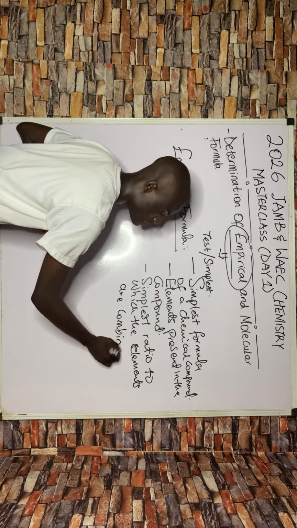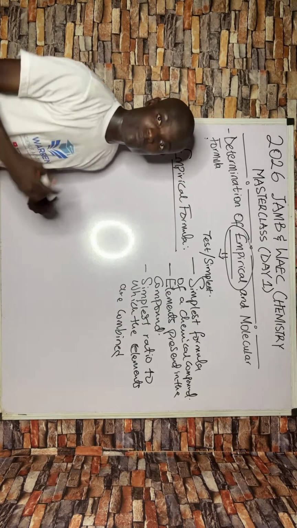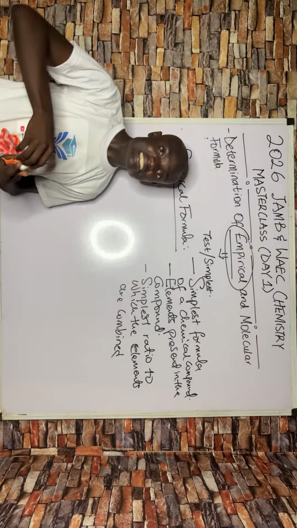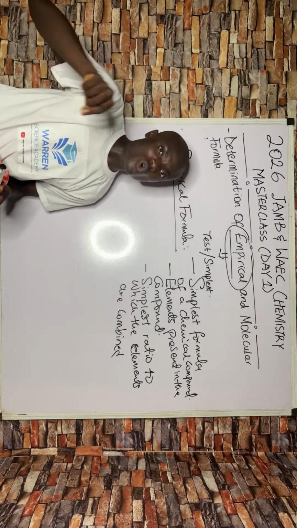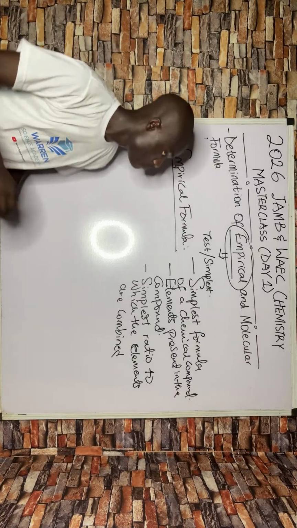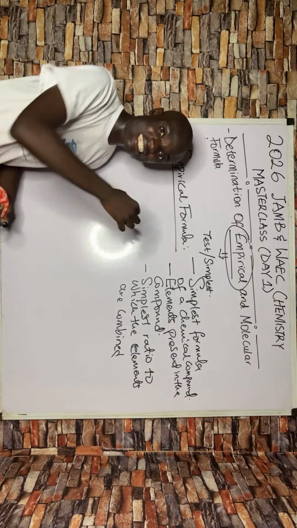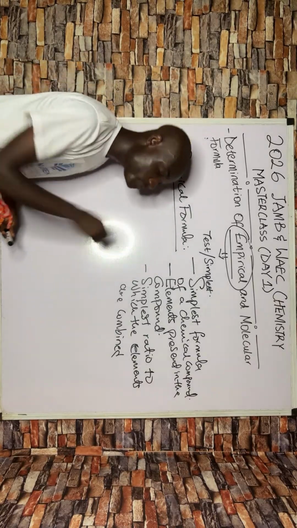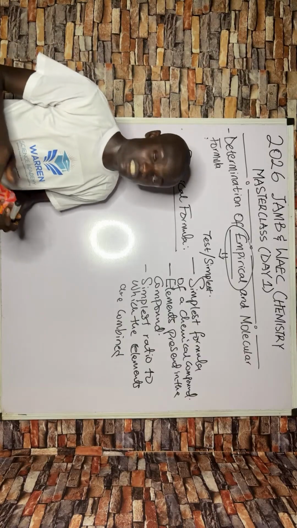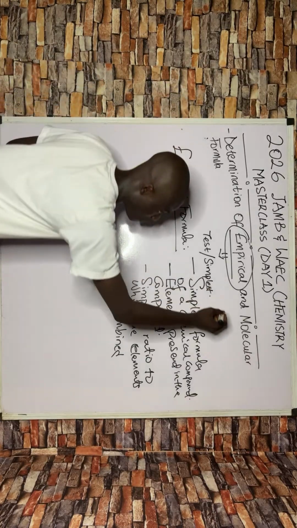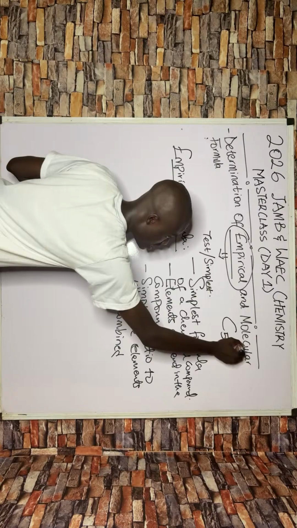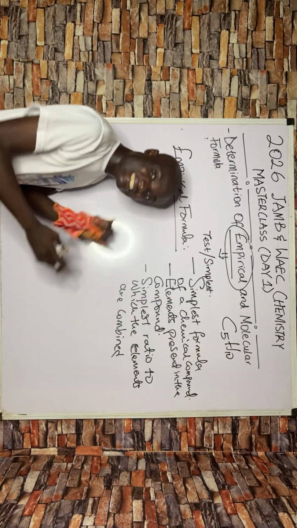Now let's break this down. Empirical simply means a test. It may not be the real thing, but it gives us a clue of what is going on. So when we talk about empirical formula in chemistry, it is the simplest formula of a chemical compound. Let's say a compound is C5H10, what is the simplest form?